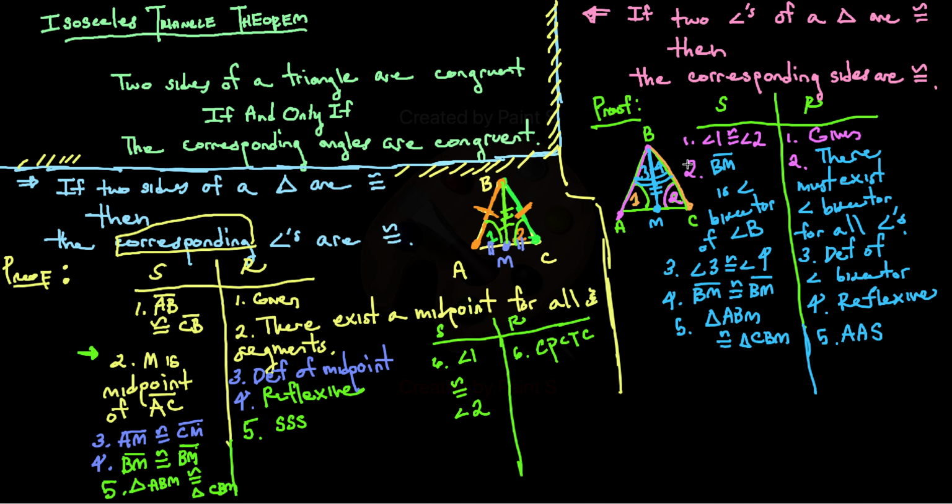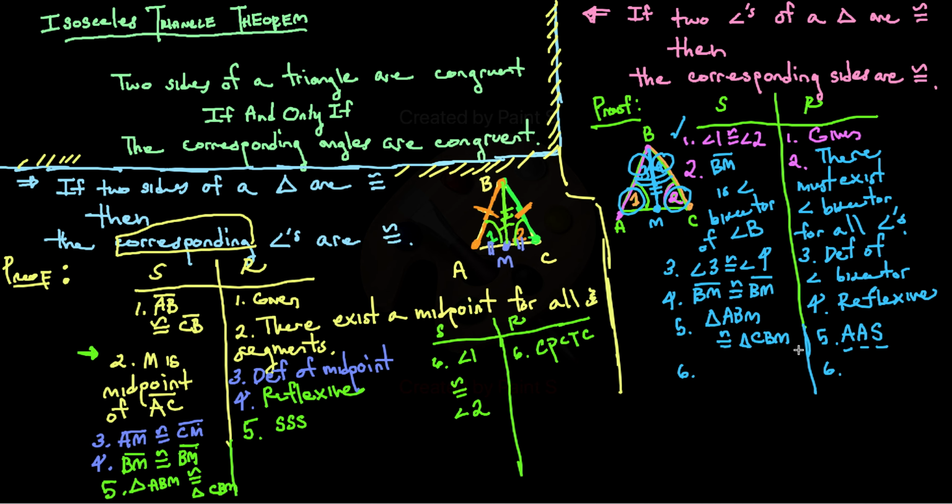I have this angle that they share. 1 is congruent to 2, so this angle is congruent to this angle. That's an angle. Then I have 3 is congruent to 4, so this angle and this angle. And then they share side BM. So it's angle, side. After I show that the two triangles are congruent, then all the corresponding parts must be congruent.